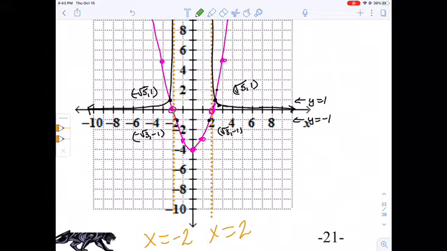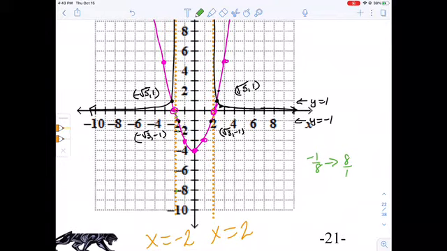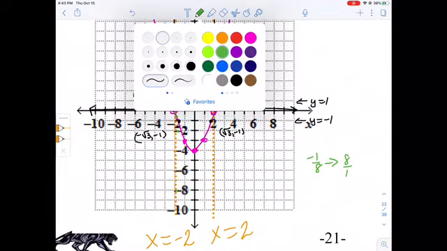I'm going to tell you that that value is negative 1/8. So the reciprocal of negative 1/8 is negative 8. That negative 1/8 is going to move down here to negative 8. If I've got a point here of negative 1/2, the reciprocal of negative 1/2 is negative 2, and so on.